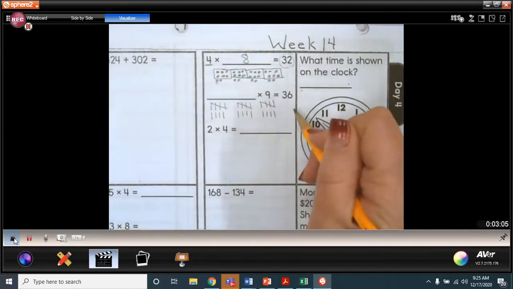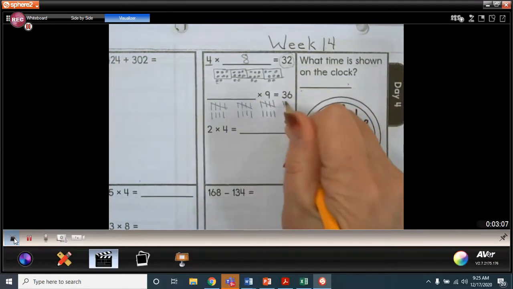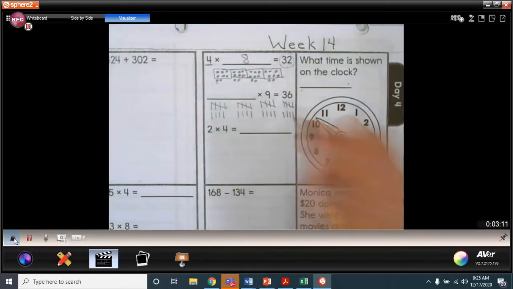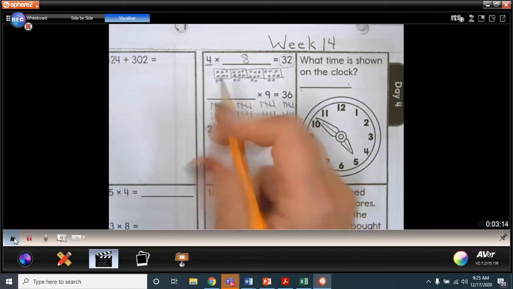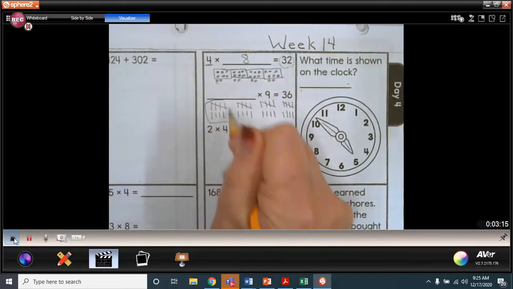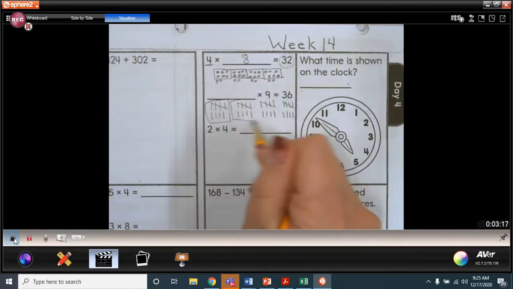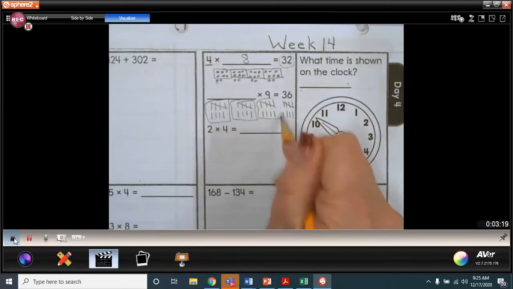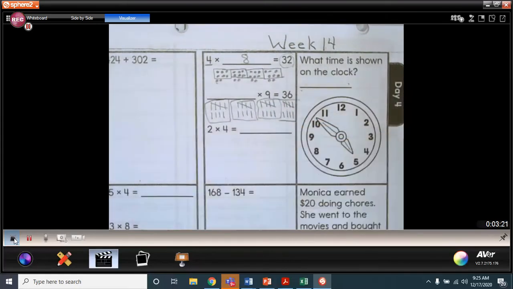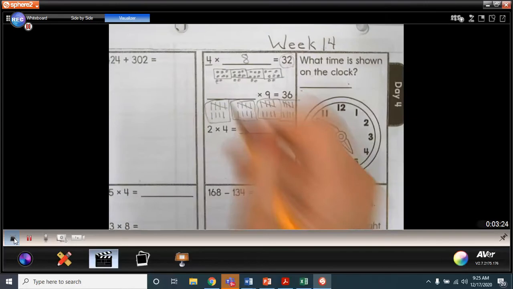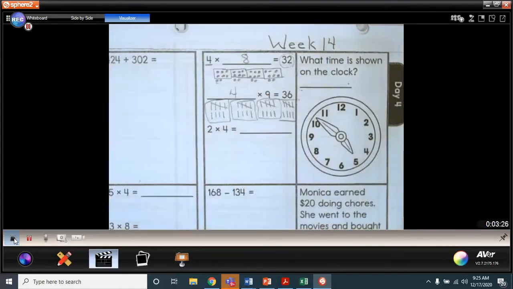That's 3 groups of 9. 28, 29, 30, 31, 32, 33, 34, 35, and 36. So now I can come back and count how many groups of 9 I have. That's 2 groups of 9, 3 groups of 9, and finally 4 groups of 9. So 4 groups of 9 is going to give me 36.